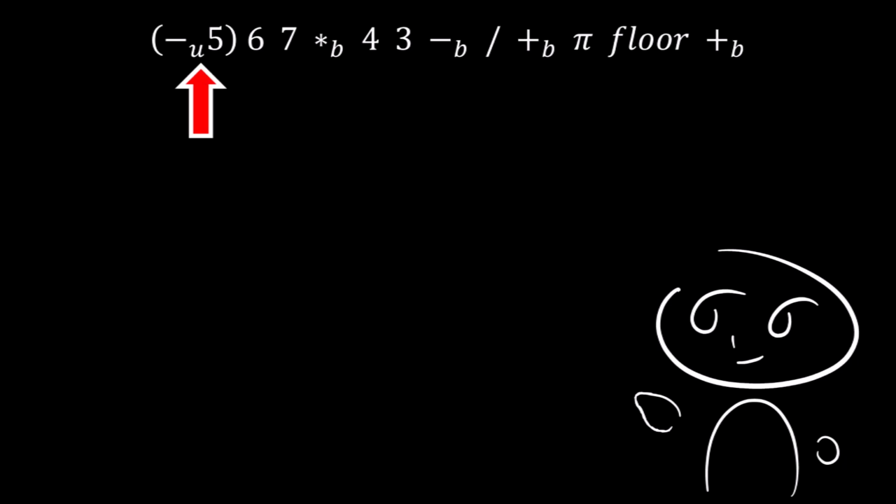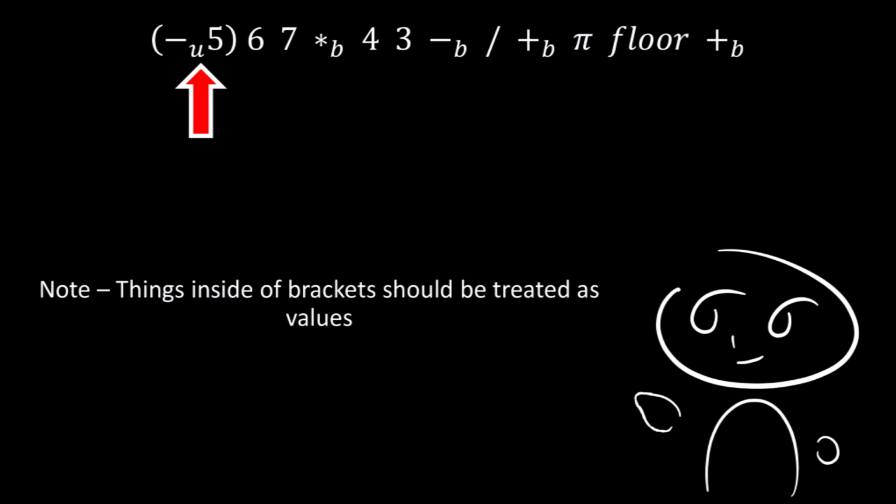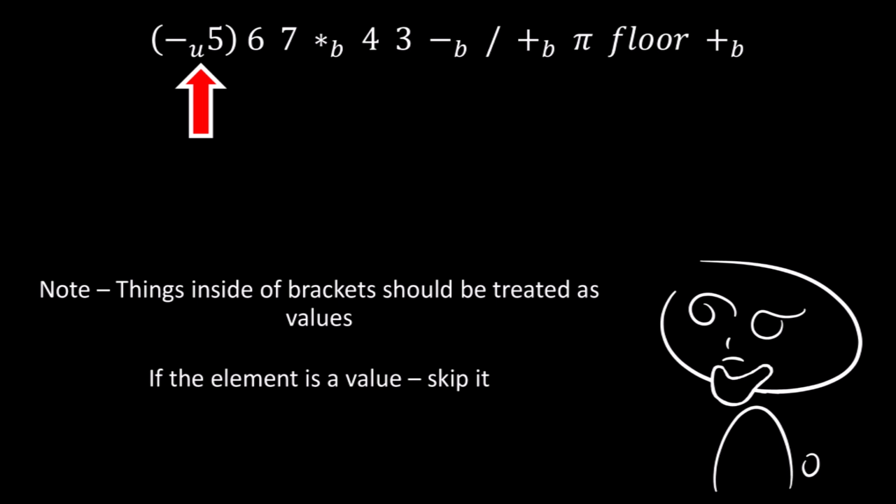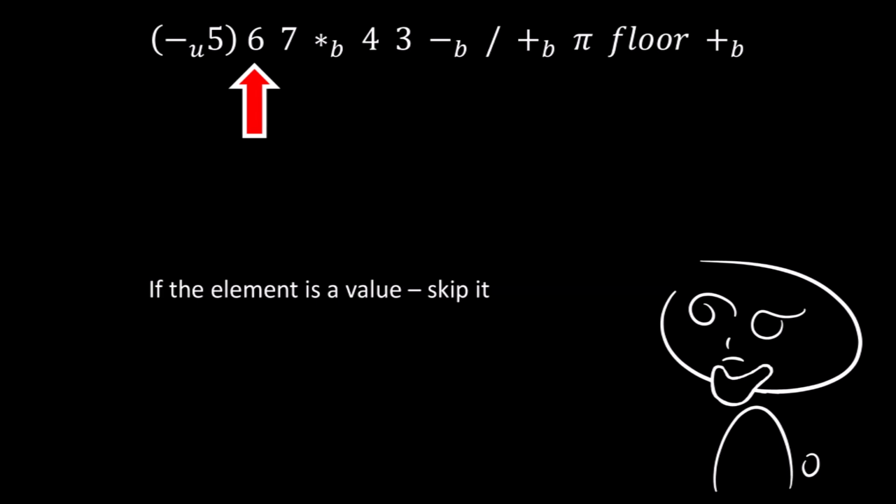Now we repeat the process again using this new reverse Polish. The first thing we come across is the -5 in brackets. Note that things inside of brackets should be treated as normal values. So since this is a normal value, we should skip it. We then go to the 6, which is a value, so we skip it.